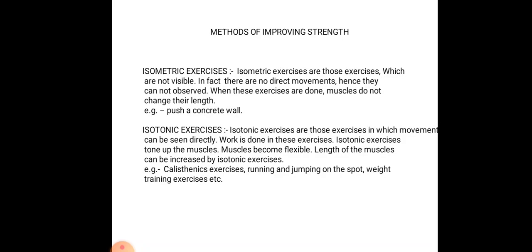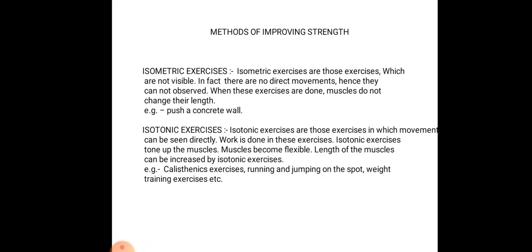The next one is isotonic exercise. These are exercises in which the movement can be seen directly. Work is done in this exercise. By isotonic exercise the tone of the muscles becomes flexible and the length of the muscles can be increased.